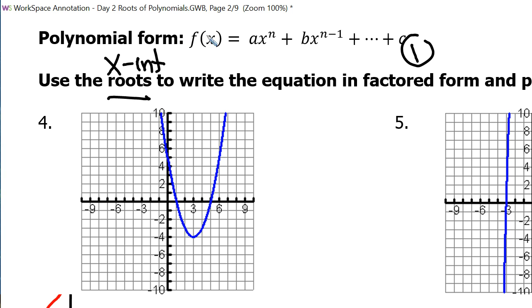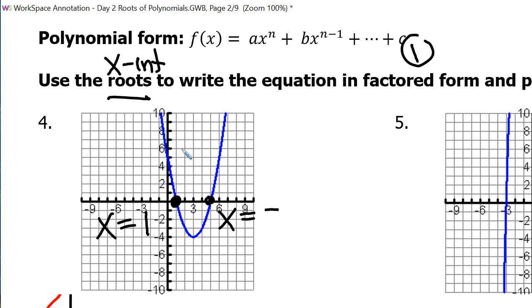Okay, so the first thing we have to do is locate the x-intercepts. So for number 4, this first x-intercept, what is that x-intercept? 1, and what's the x-intercept over here? 5. Now, those are the x-intercepts.